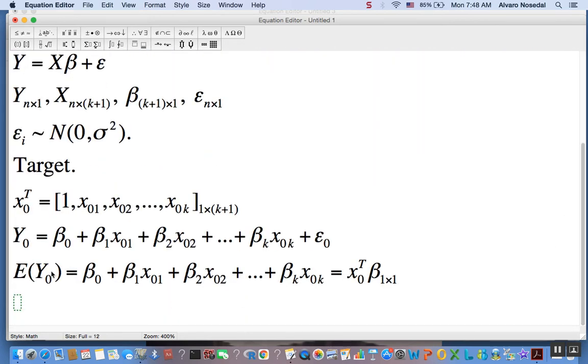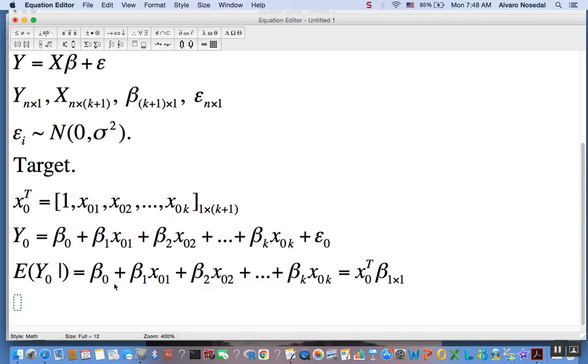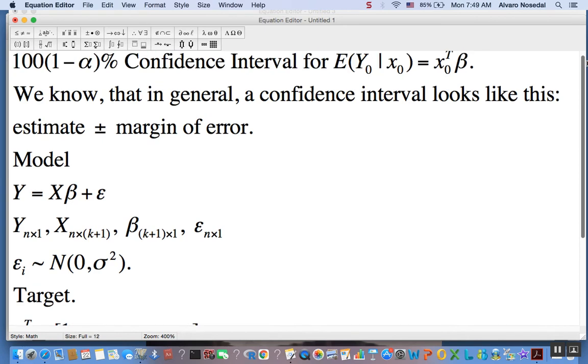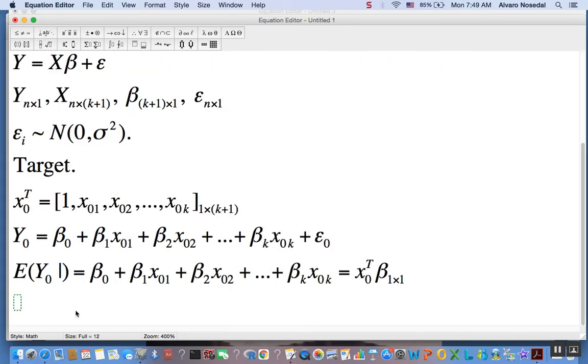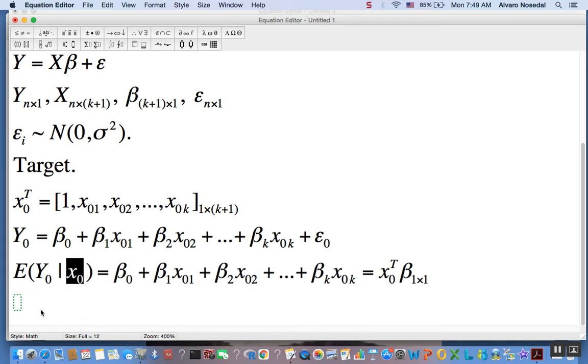So if you want, we could add that here just to be consistent with our notation.